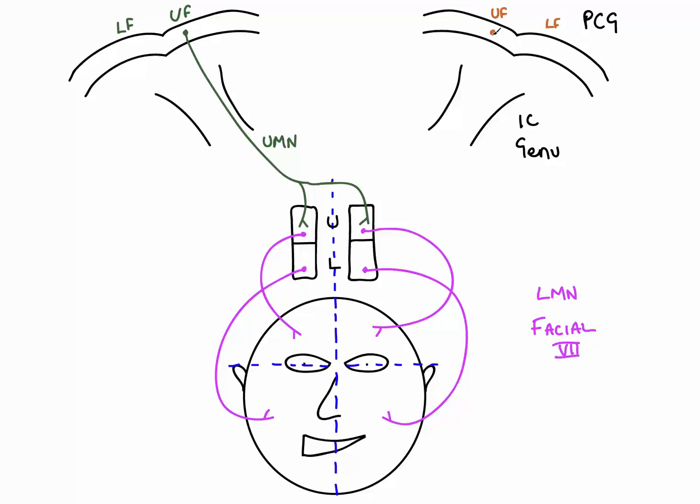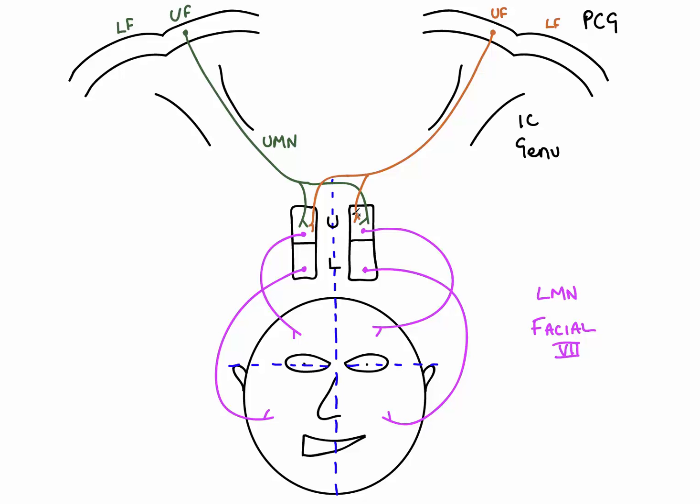Here's the cell body of our upper motor neuron, and it is going to pass to both the ipsilateral upper face region and also the contralateral upper face region. So we have bilateral innervation, and this is like a safety mechanism. If one side is damaged, then the other side will be able to compensate that innervation.